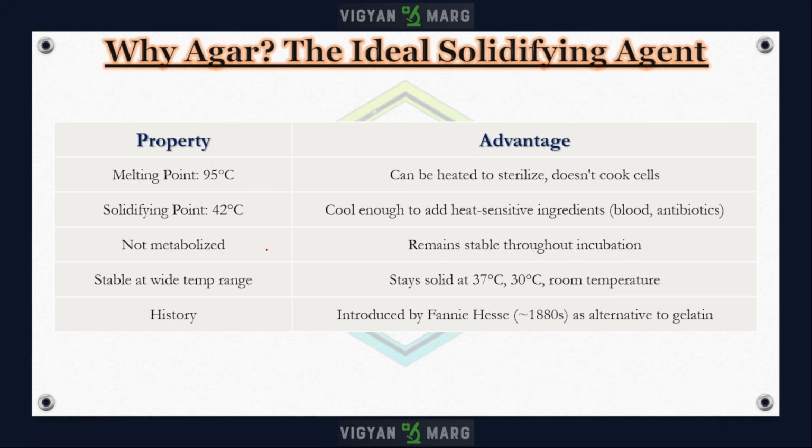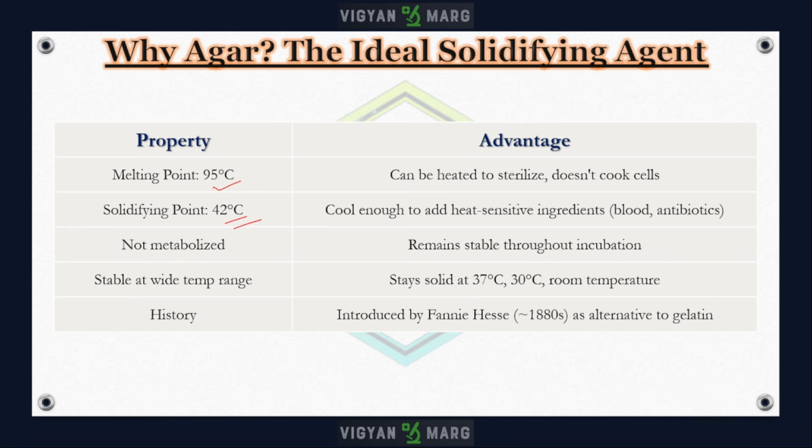First, look at its thermal property. Agar melts at about 95 degrees Celsius, which is high enough to allow sterilization in an autoclave. Once melted and then cooled, it does not solidify until 42 degrees Celsius.